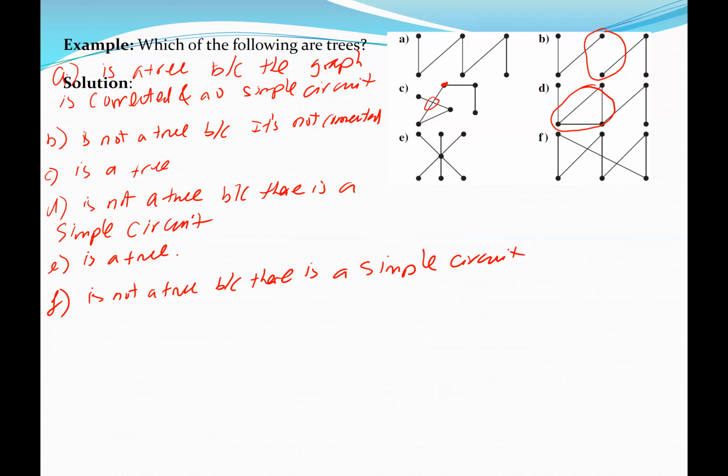Where is that simple circuit? Right here. You can see you can go back to that, and that's a circuit. So that's not a tree. Does that make sense? I just showed you 6 examples to guide the idea of what is a tree and what is not a tree.